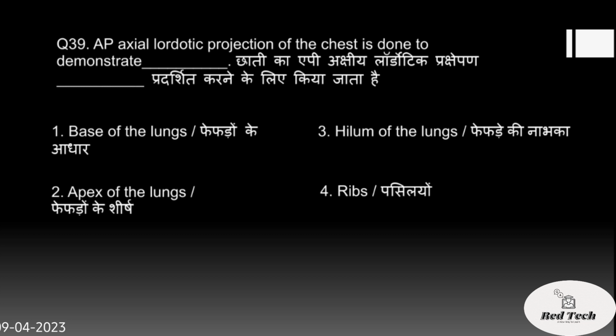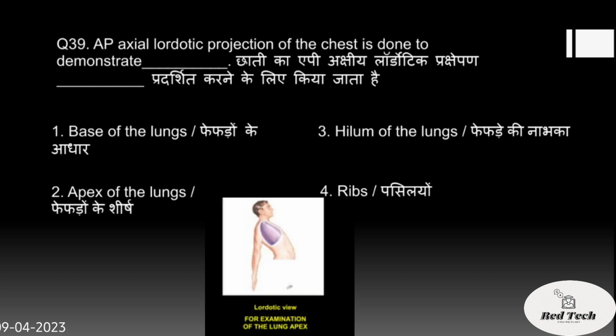In the AP axial lordotic projection of the chest, the back of the patient is against the cassette or the detector, and the body below the diaphragm level, the stomach area, is forward, while the upper portion of the body is against the film.